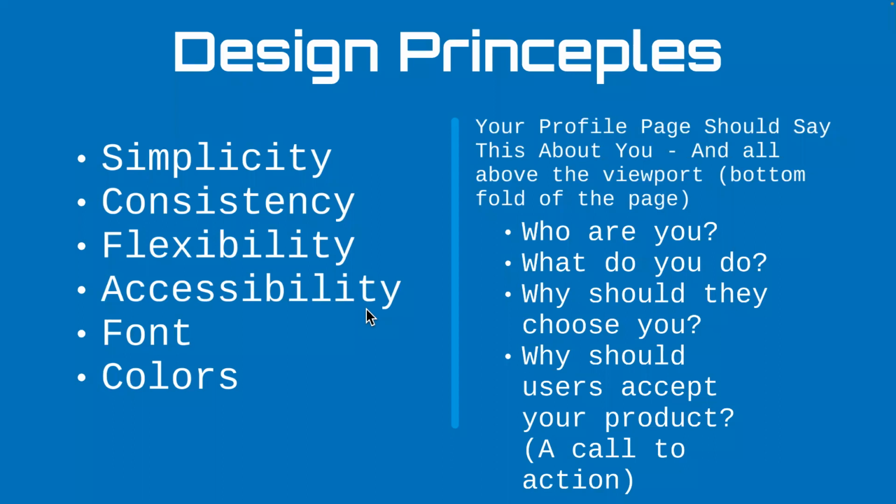So that's accessibility. How does that relate to a website? Well, we need to choose font colors that people can read, maybe people with color blindness. We need to design our page so that it can be read by a screen reader properly, and then be accessible to people that are visually impaired.